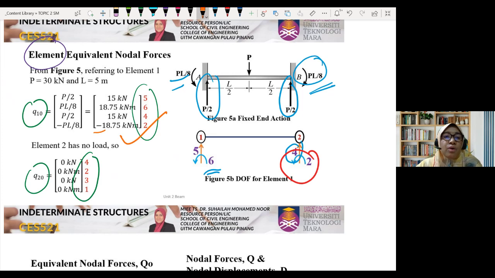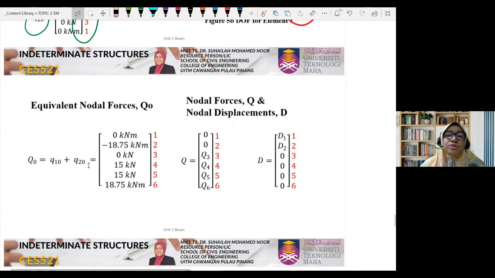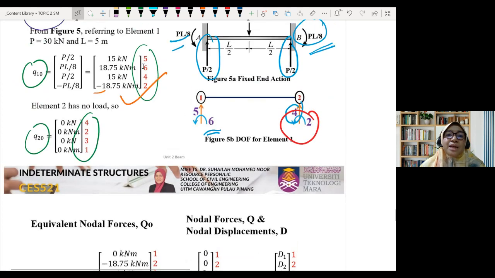For element number 2, since there is no load on top of the member, all the values are 0. So we combine these two, Q10 and Q20, like this.